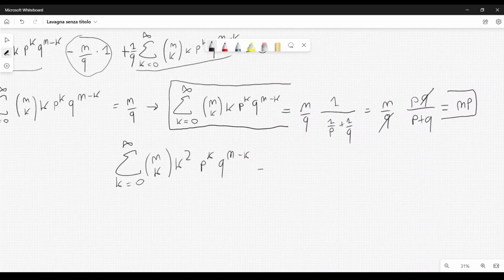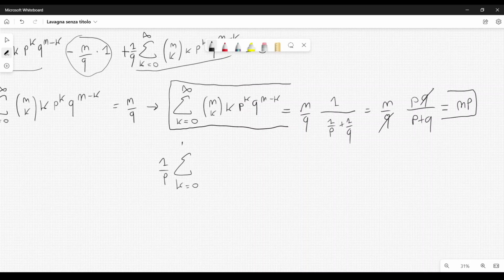So in order to find this, we have to consider the derivative of this expression on both sides with respect to p. So we are doing something very similar. Let me do it. When I consider the derivative on both sides, I have 1 over p, sum k from 0 to infinity, k squared, n choose k, p to the k, q to the n minus k.